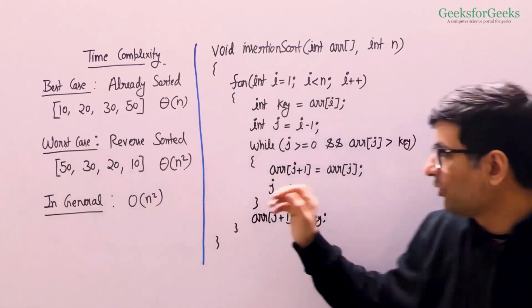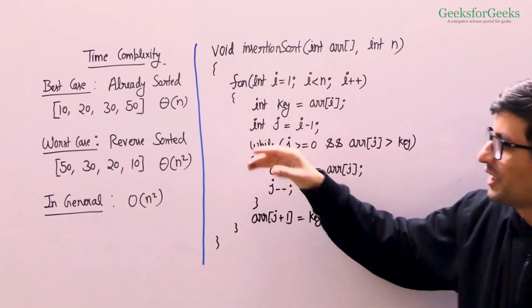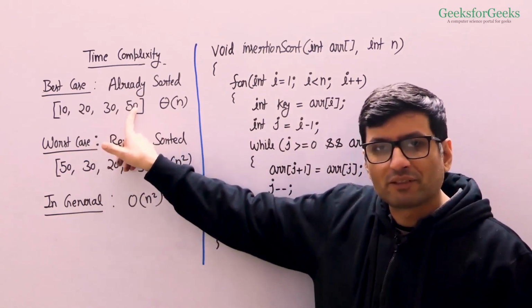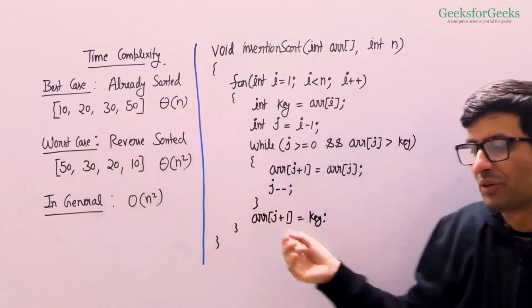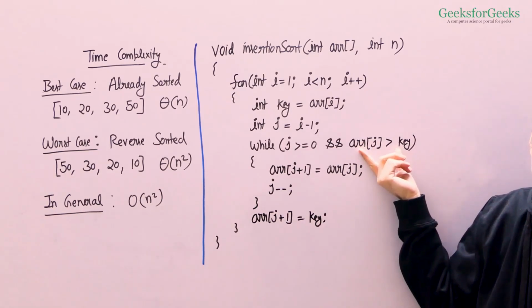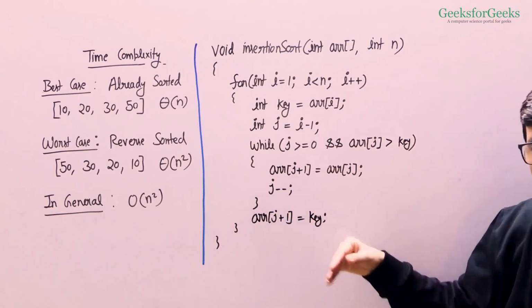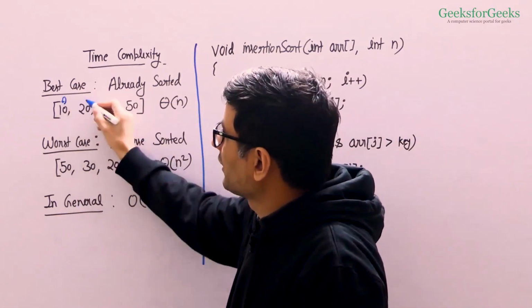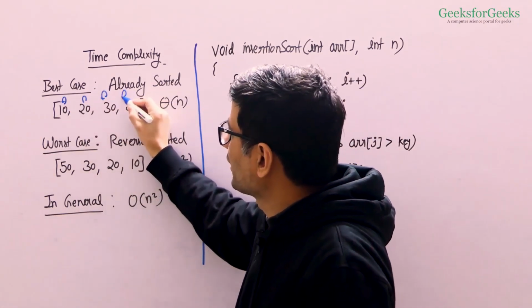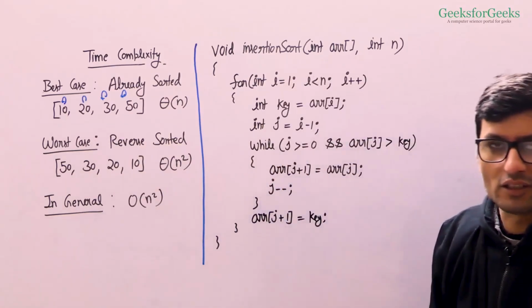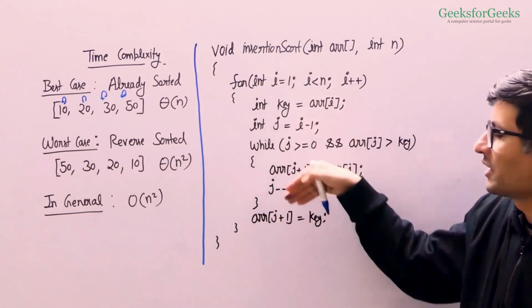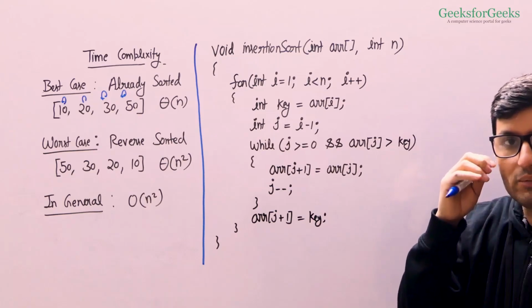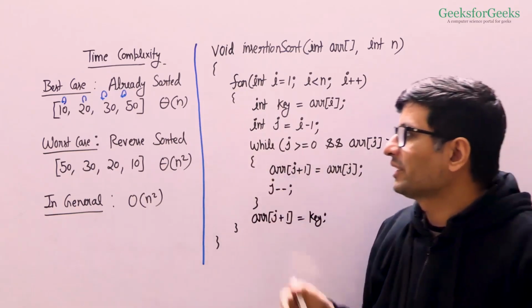So you will not go inside this while loop. Same thing will happen for 30, same thing will happen for 40. You will never go inside this loop because this condition will never be true. So what you will be doing, you will be overwriting every element with itself. 10 will overwrite itself, then 20, then 30, then 50. And that's all is theta n work. You are doing constant work in every iteration, overwriting the element with itself. So the time complexity is theta n.